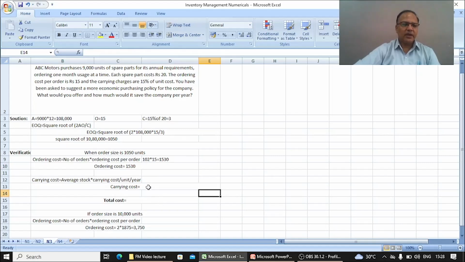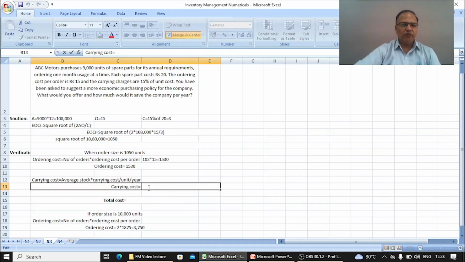Here, carrying cost. If you are giving an order of 1050 units, then average stock will be 1050 by 2, which is 525, into carrying cost per unit. Carrying cost is 3.